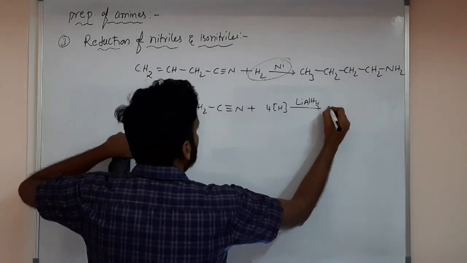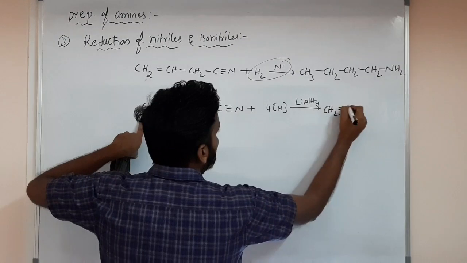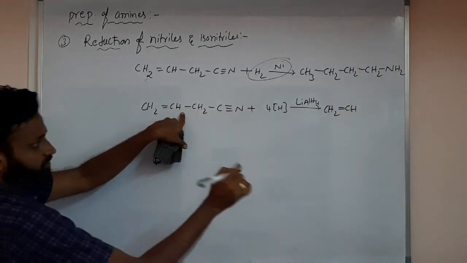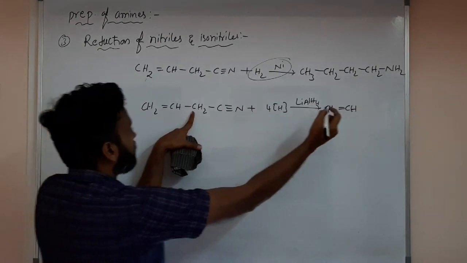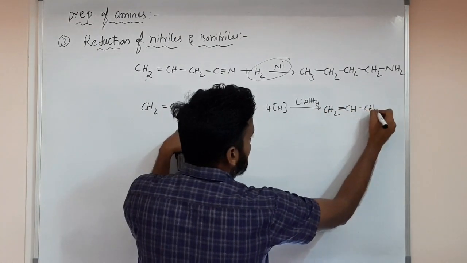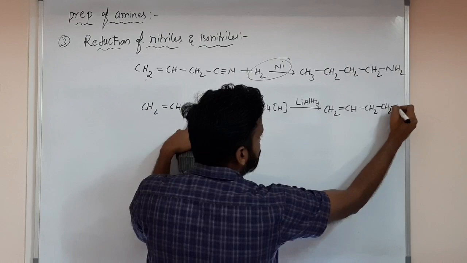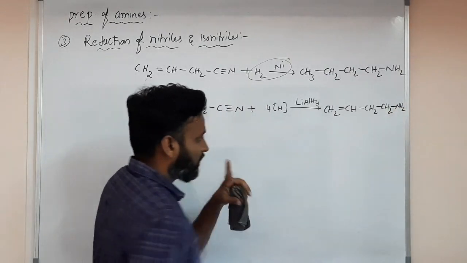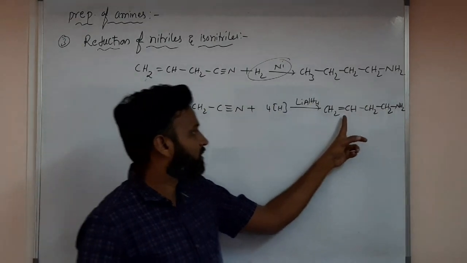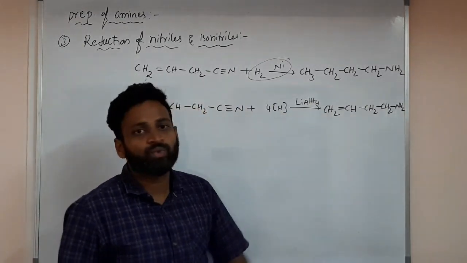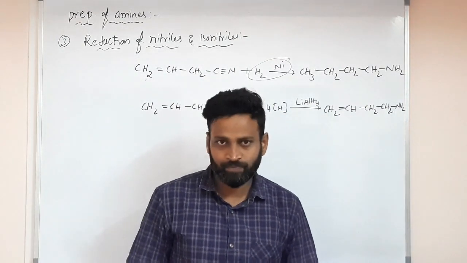So here what you will get? The same CH2 double bond CH. This double bond is not reduced here, and CH2, CH2, NH2. So they'll ask like that. From this to get this product, what is the suitable reagent is the question.